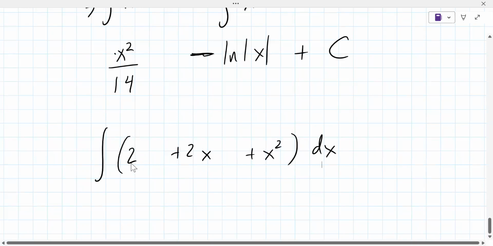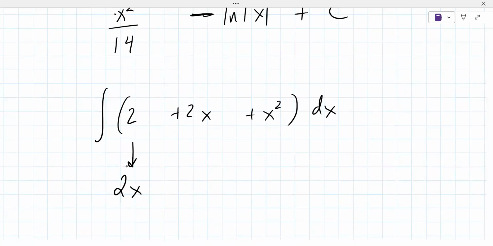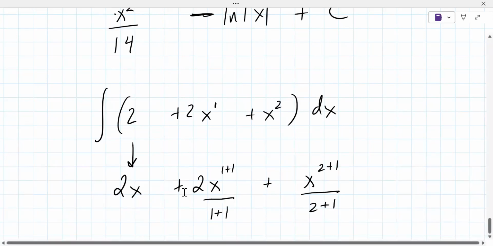The integral of a constant is 2x. When you have x, you add 1 and divide by the new exponent. Same thing over here for the last one. So for your test, you really want to get clear on this.